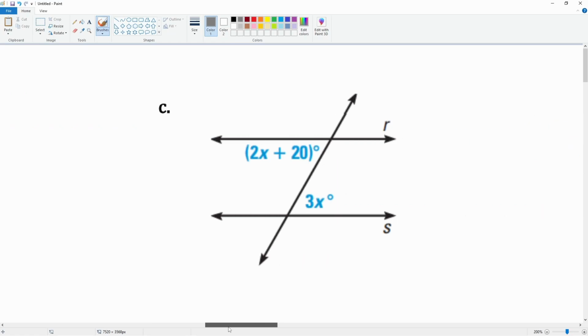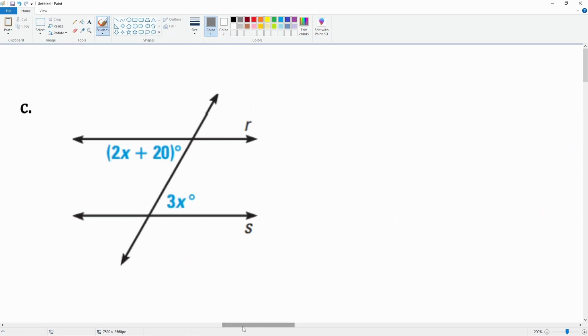Let's now take a look at C. How are these two angles related? Well, it looks like they're both on the inside, so we can write interior angles. And then they cross the transversal, so it is alternate interior angles.